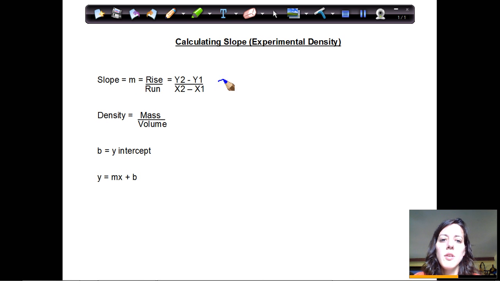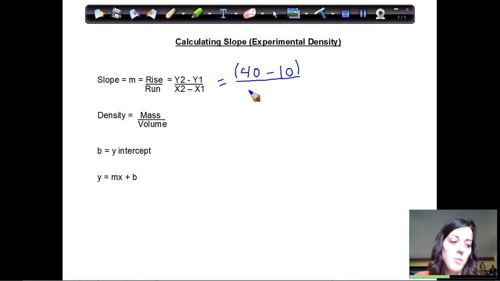So our 2 points were 50, 40, and then 12.5, 10. So our 2 y points that we need to subtract are 40 minus 10. And we will do that in parentheses because that gets done first. And we need to divide that by the difference in the x points, which is 50 minus 12.5.